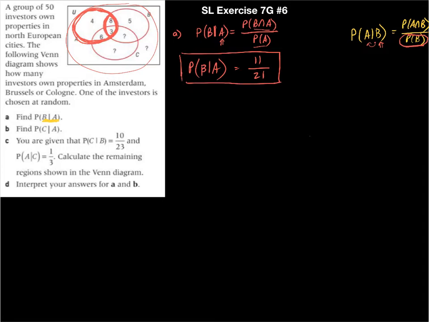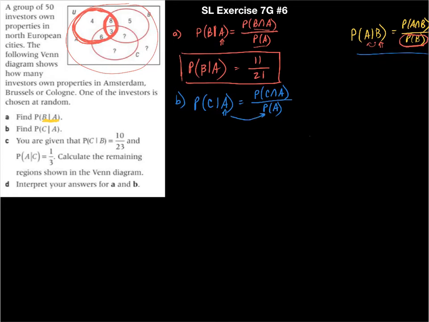Okay, let's move on to part B. Part B does a similar thing, but they want the probability of C given A. So again, we look over here at our given probability, and we set it up by saying this is the probability of C and A divided by the probability of A. Okay, same thing as last time. It's the given that needs to go here on the bottom.